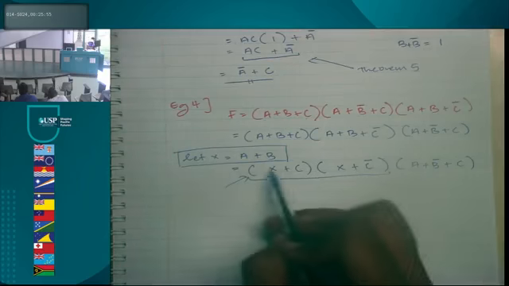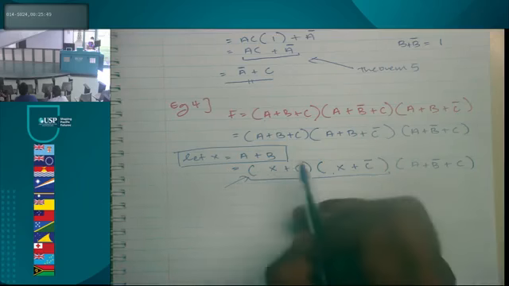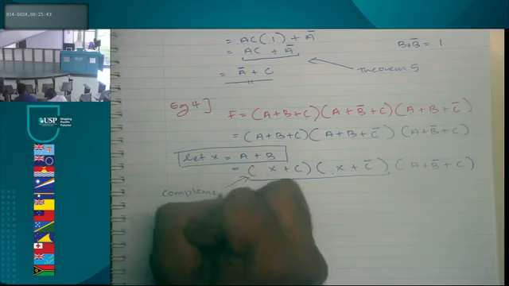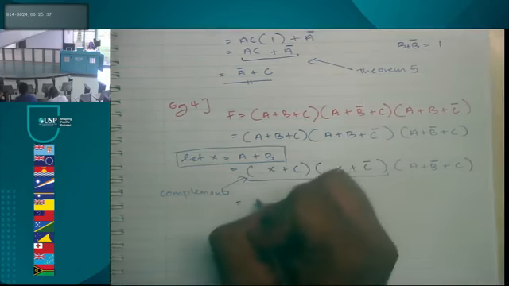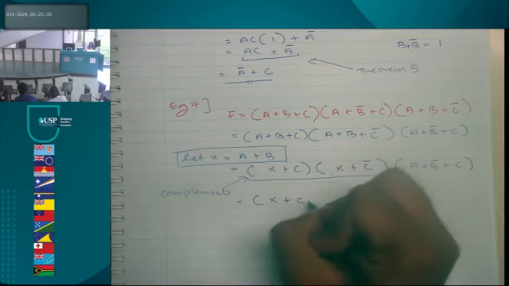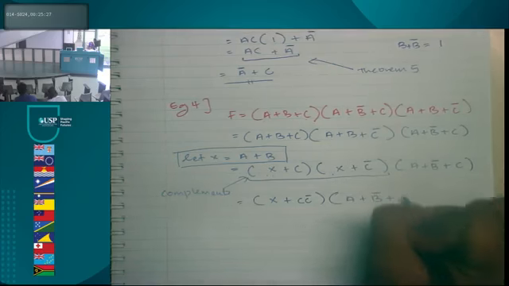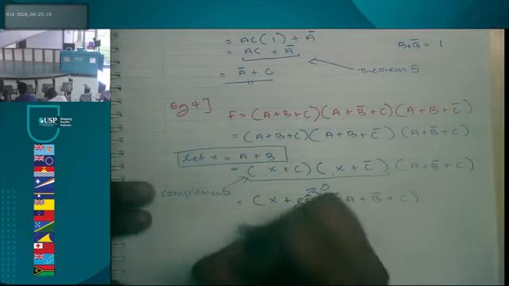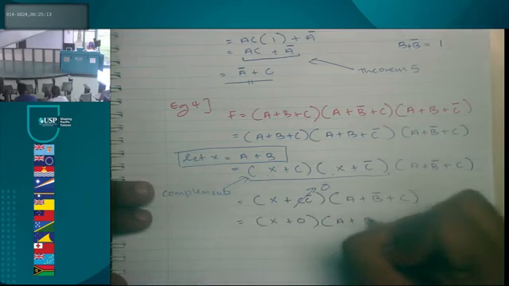Because we already have one X, one input, present in both. So we're going to be using the complements law, and you can see how it changes. So you'll see that it changes by X or C bar. Right? Now this is same as 0, the null element. Right? You'll be left with X plus 0, A, B plus C.